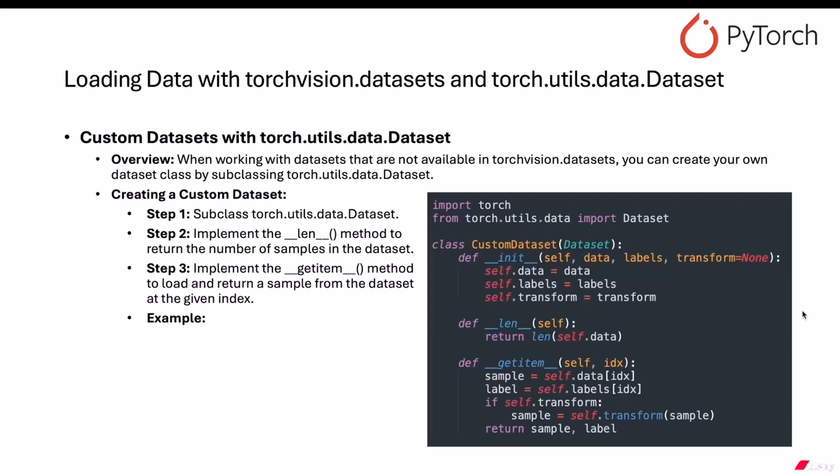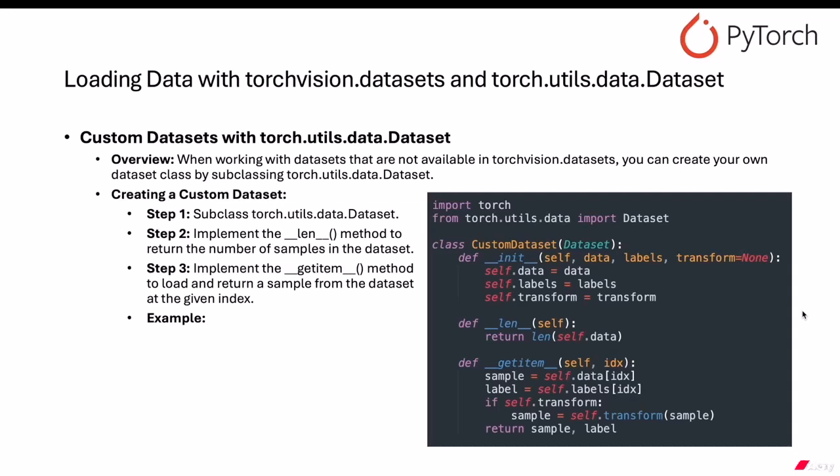the given index. Here is an example where I'm importing torch, then from torch.utils.data I'm importing Dataset. Then I'm creating a class CustomDataset with Dataset passed to it, and the first function is the initialization function where I am passing self, data, labels and transform equal to None, and inside that I'm setting self.data to data, self.labels to labels and self.transform to transform.